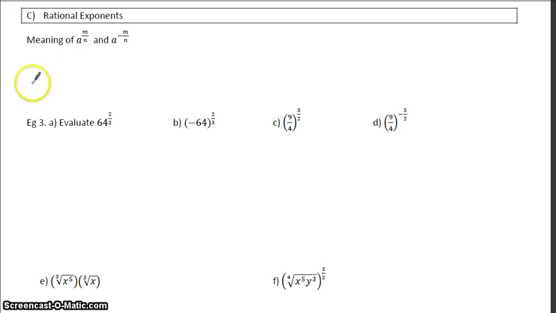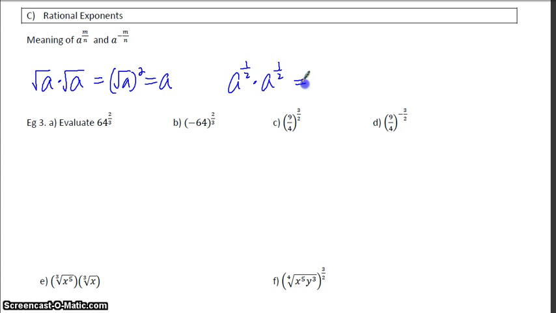If we observe, root a times root a is root a squared. A square root squared is just a. And then you observe this one, a to the half times a to the half. Based on the power rule, you add the exponents. Half plus half is 1, which means it's just a. When you multiply, both of them end up to be a.